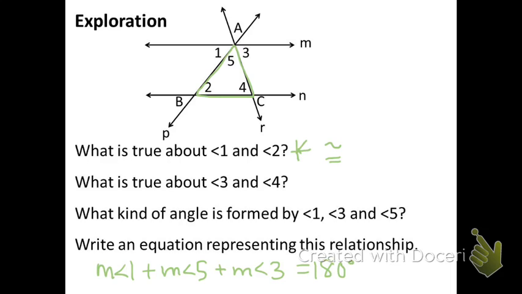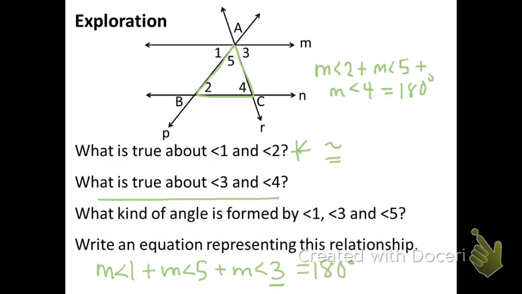Instead of angle 1, we can write the measure of angle 2 plus the measure of angle 5 plus, since 3 and 4 are the same, we replace 3 with 4, and that gives us 180 degrees. Here we learned that all the angles in a triangle add to be 180 degrees.